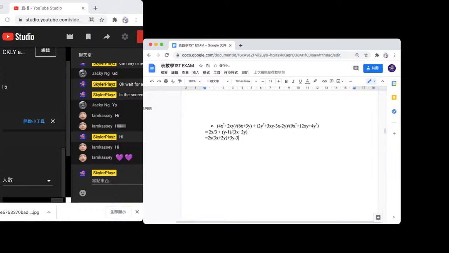Minus 3 here. And the denominator we will have 3 times 3x plus 2y.